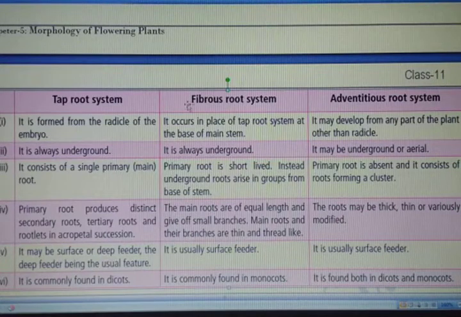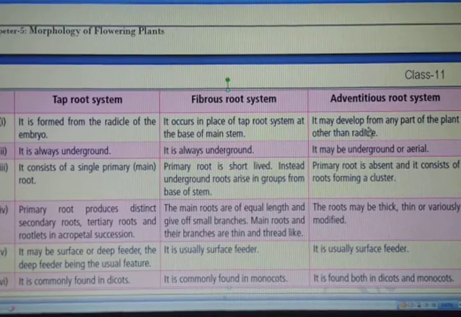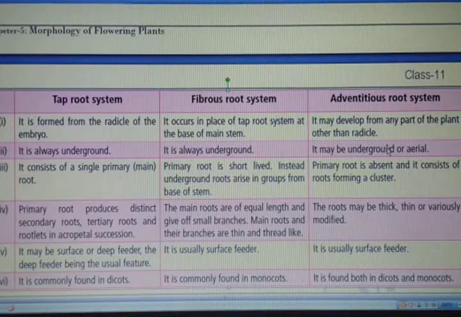Even in case of fibrous root, this also develops from the radicle and is always found under the ground. Whereas adventitious roots develop from any part other than the radicle, and they may be found above the ground also. They are found inside the ground but also above the ground, which can be called aerial or subaerial.